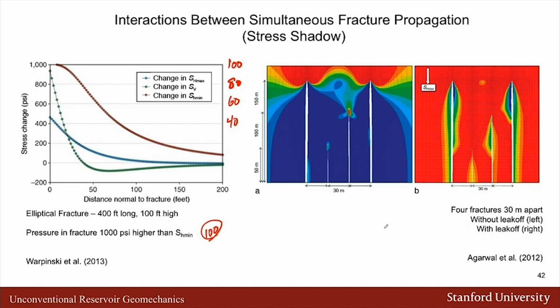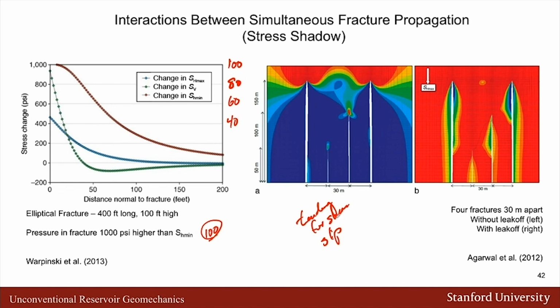One thing that's really interesting about this calculation is that the background color represents the tendency for shear slip. In other words, if we have pre-existing fractures, what does the opening of the hydraulic fracture, as shown on the left, do? In other words, there's no leak off, all the pressure stays in the hydraulic fracture.